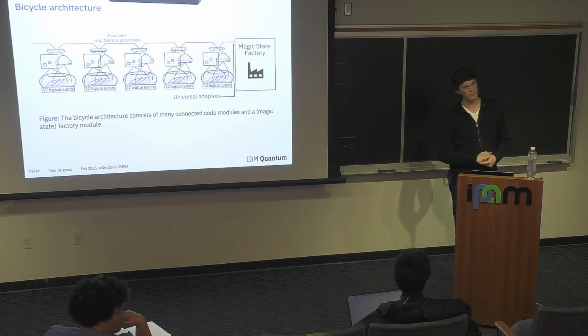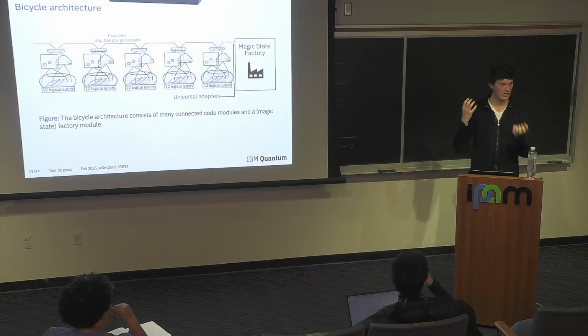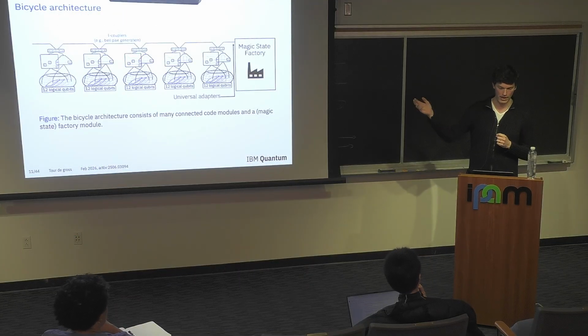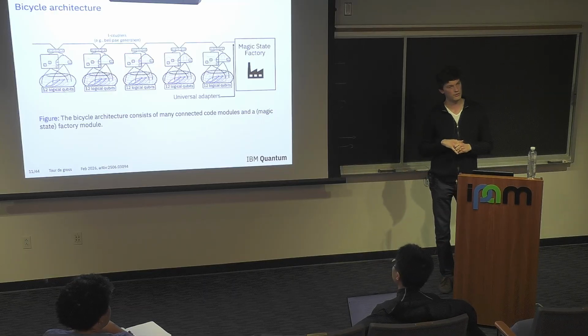Questions? Does the adapter change the connectivity you need in the hardware? So the adapters here, part of it is integrated in the logical processing unit that sits in each of the modules. And then there's a connectivity between two adjacent modules that can be provided by so-called L couplers that give us the long-range modularity needed between modules.